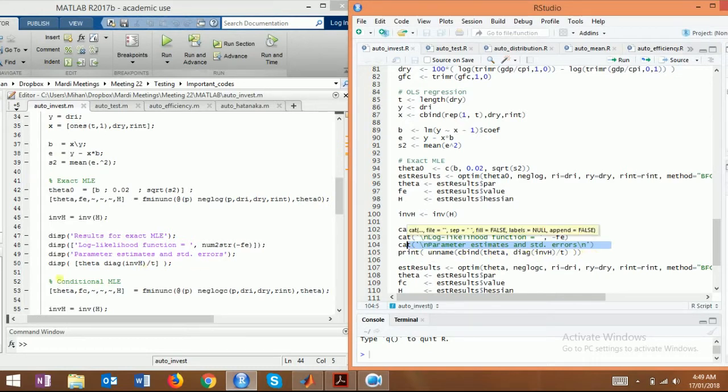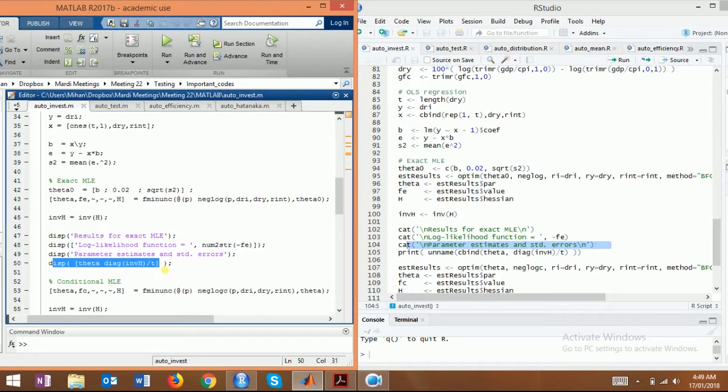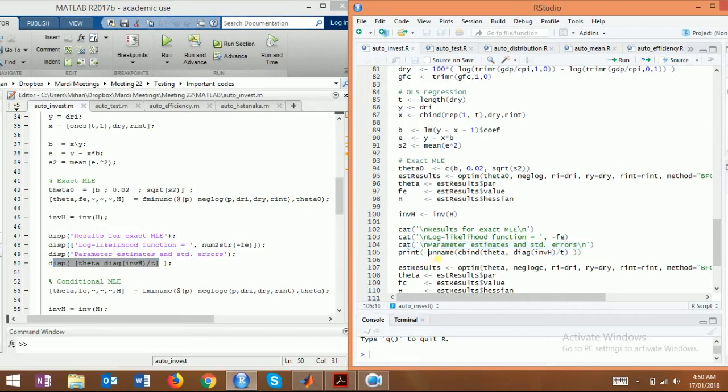Okay, and display theta, diagonal inverse of Hessian. So parameter estimates is unnamed column bind theta, diagonal estimates of inverse of Hessian divided by t. Unnamed. No, I'm not sure what unnamed is.